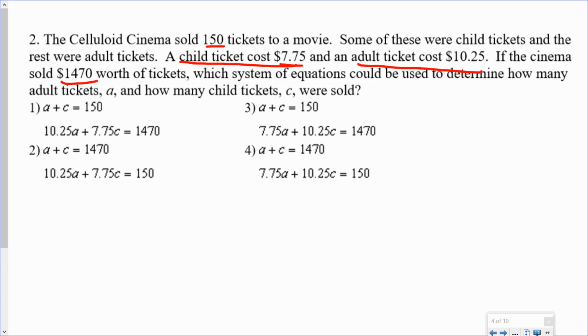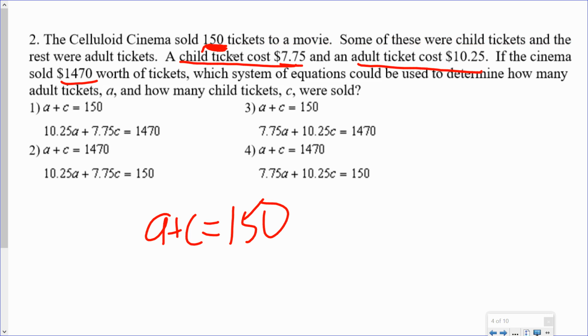Again, the first equation is almost always just x plus y equals. So in this case, it's a plus c equals 150. There's no money in this equation. It's the amount of adult tickets plus the amount of children's tickets equals the total number of tickets. Now the money equation.